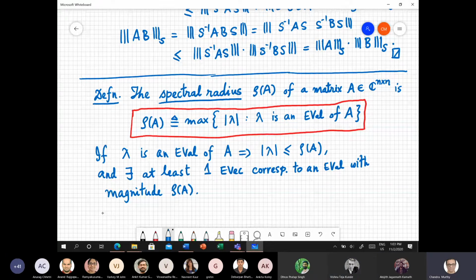Lambda can be complex valued, no problem. Still there will be an eigenvector.